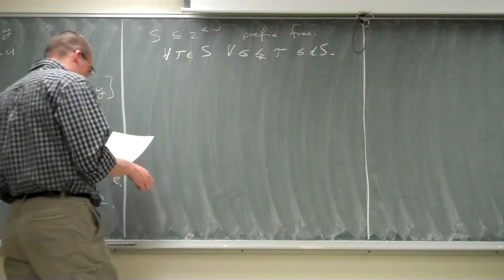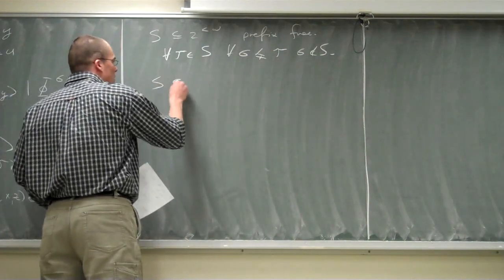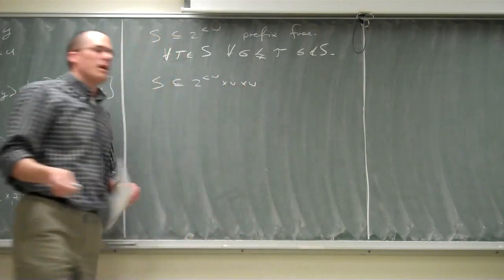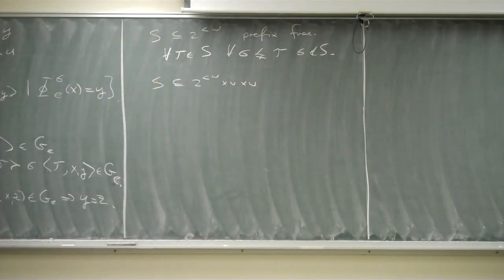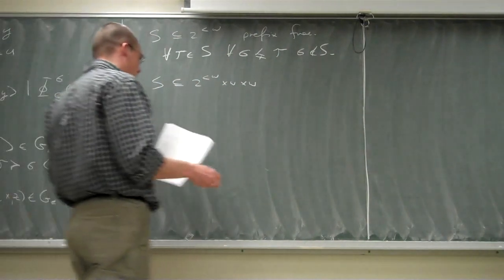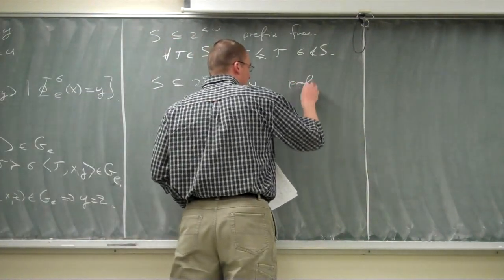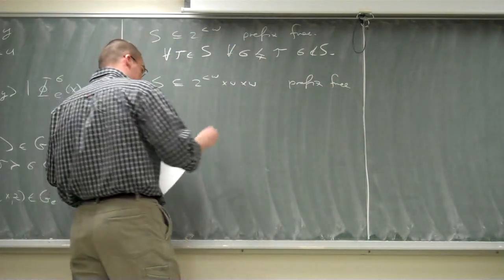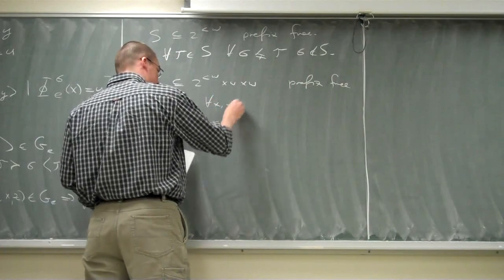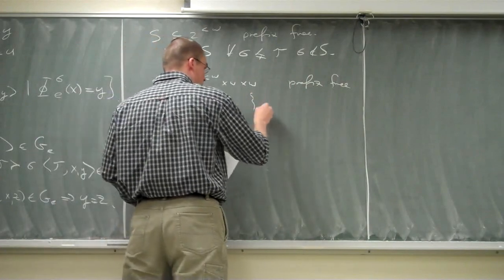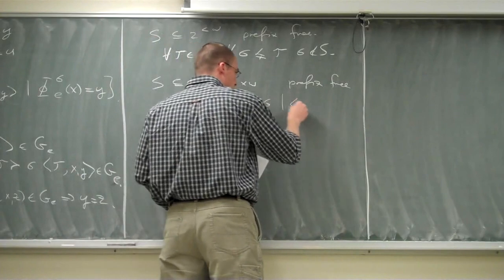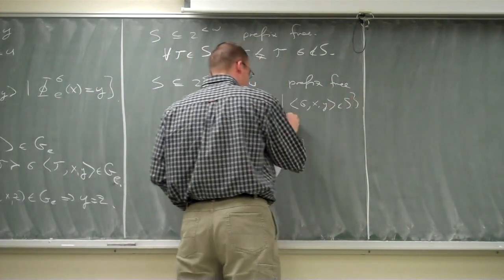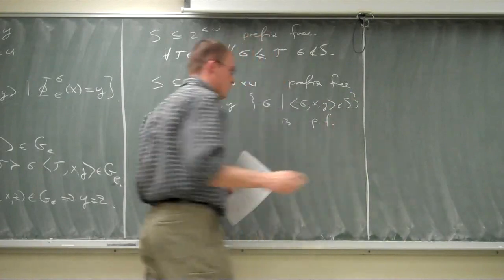And then for a set of axioms, any S of this form is a set of axioms. We say that it's prefix free exactly when, for every x and y, the set of sigma such that sigma x y is in S is prefix free.